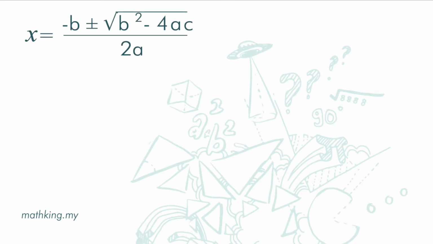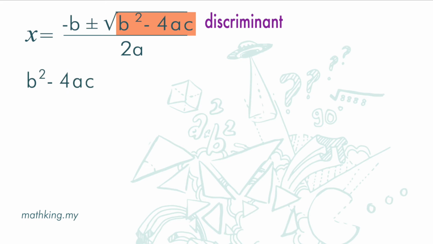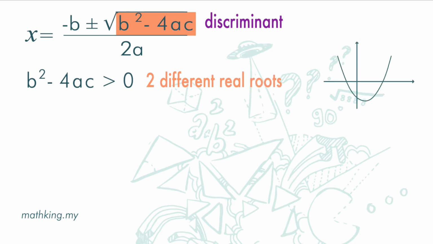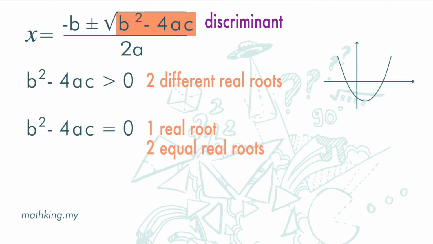In this formula that we use to find the roots of a quadratic equation, we call this part the discriminant. We can see that when b squared minus 4ac is greater than 0, the equation has two different real roots. When b squared minus 4ac is equal to 0, the equation has one real root, or to be more precise, two equal real roots.